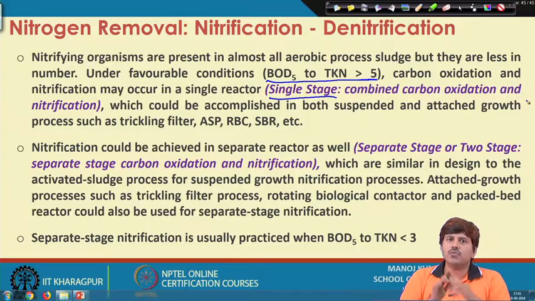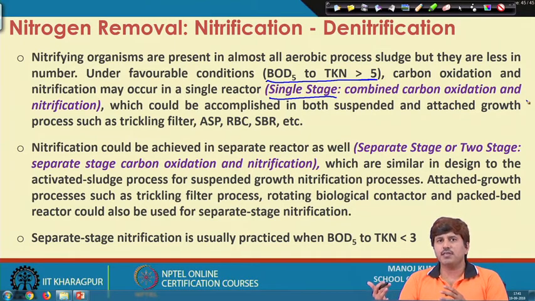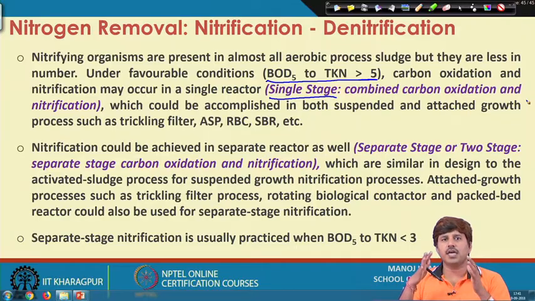The nitrification could also be achieved in a separate reactor, which is called separate stage or two stage process. So, like we have a single stage process, we can go for a two stage process where the carbon oxidation and nitrification take place in separate stages and in separate reactors.